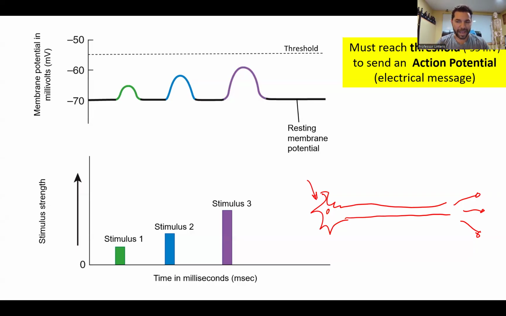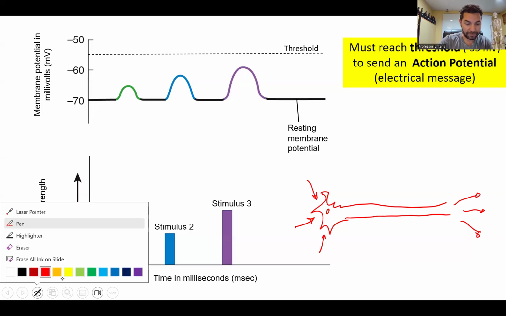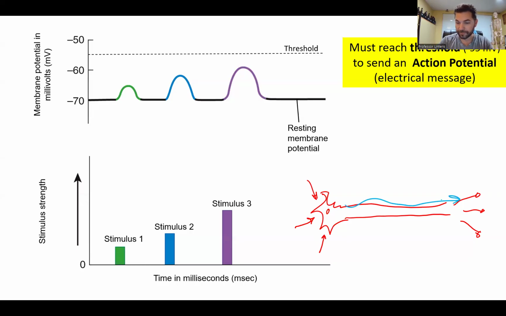So basically what happens, and we'll talk about this in some more detail, is the strength of the stimulus matters, right? Let's say there were 3 stimuli. This guy would probably send a message. If there was only 1 stimulus, maybe it goes, and there would be no message sent, right?